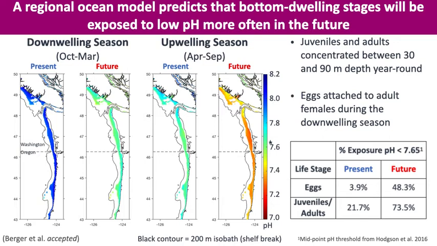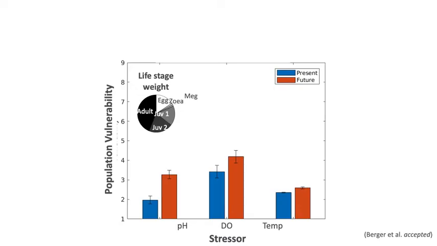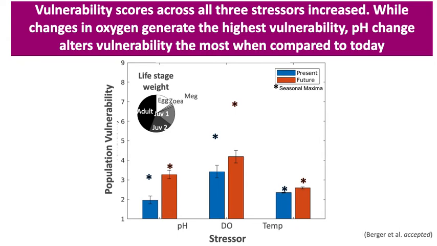And then there's a table on the right that summarizes the present and the future, and you can see how both those life stages, both the eggs, which are attached to the adult females during the downwelling season, as well as the juveniles and adults, which are concentrated year-round between 30 and 90 meters depth, how their exposure increases. And so when we take that all together, vulnerability scores across all 3 stressors increase.